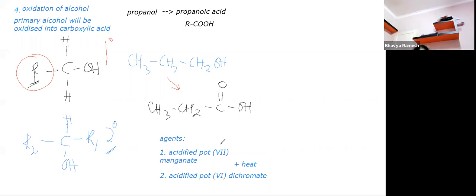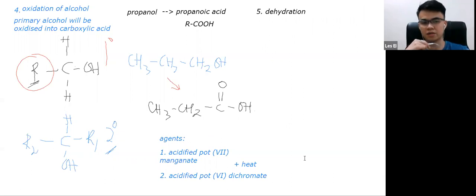No. The next process about alcohol is dehydration. Dehydration is the reverse process of hydration. In the recording that you watched, there is hydration of alkenes, which means you add water molecules and it will give you alcohol as a product.